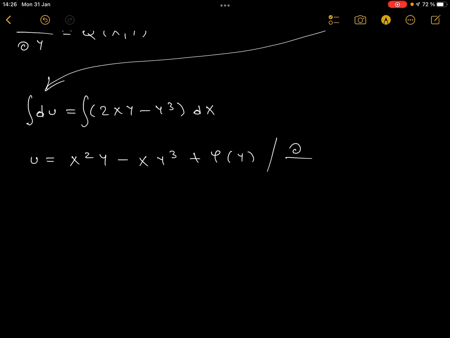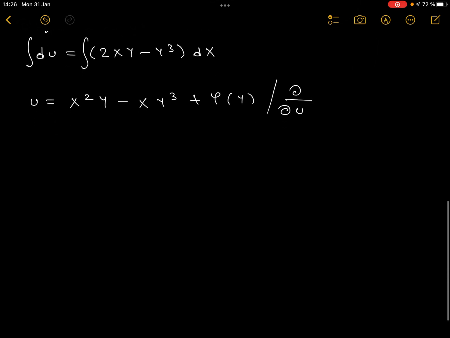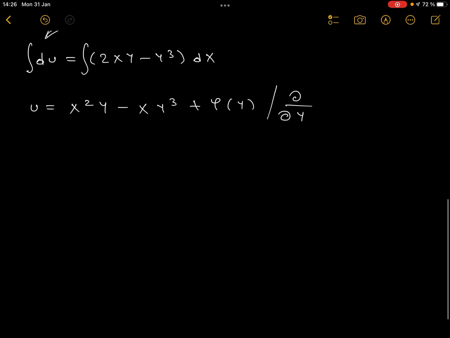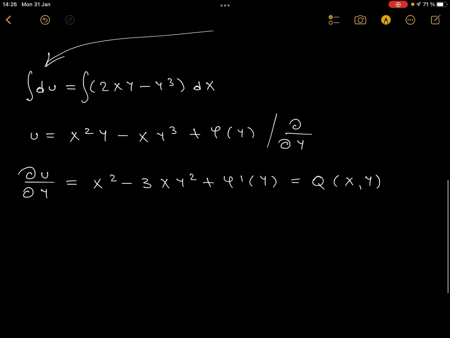Now we're going to differentiate both sides with respect to, not u, sorry, with respect to y, and we'll get that partial u over partial y is equal to x squared minus 3x y squared plus phi prime of y. Now, we said that this has to be equal to Q of x and y.